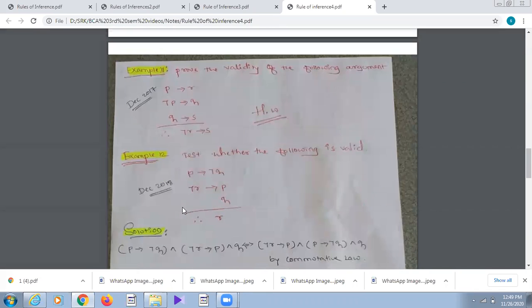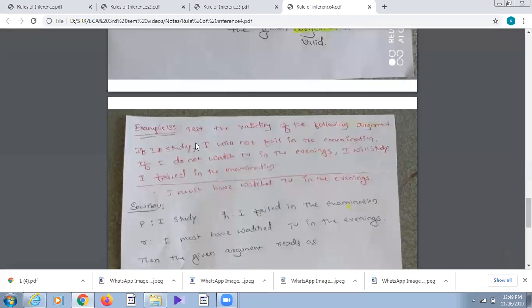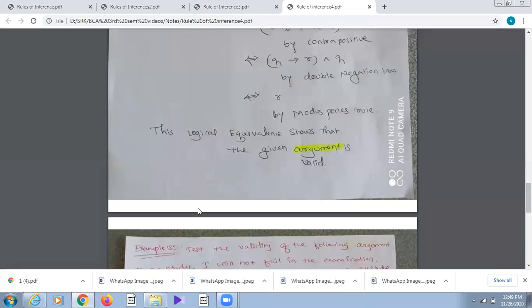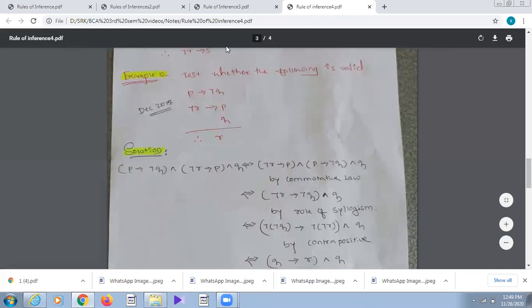And this was asked in the December 2018 exam. Okay, so this one is similar, so we'll leave that. In total, I solved the problems based on rule of inference.